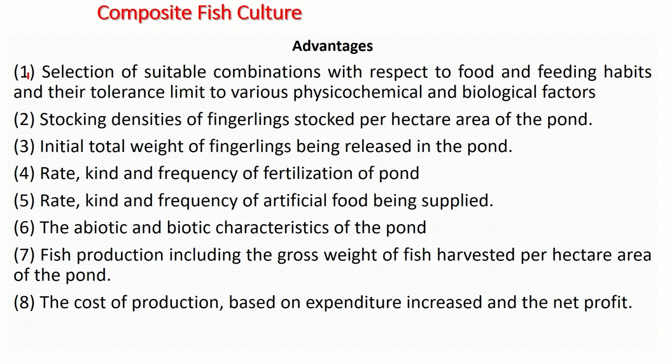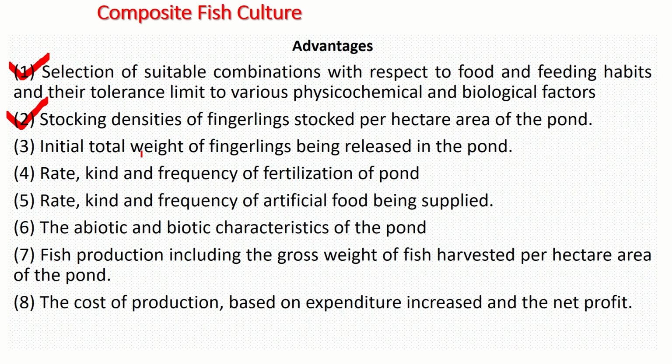And finally, advantages of that particular composite fish culture. The factors which are considered useful for complete utilization of natural and supplementary food and high productivity, like selection of suitable combination with respect to food, selective combination of fish species with respect to food and feeding habits and their tolerance limit to various physicochemical and biological factors.